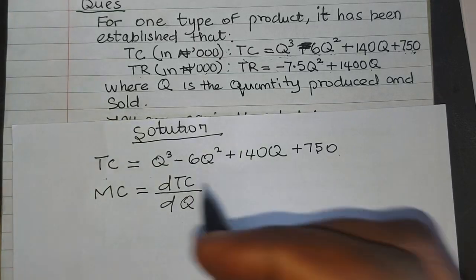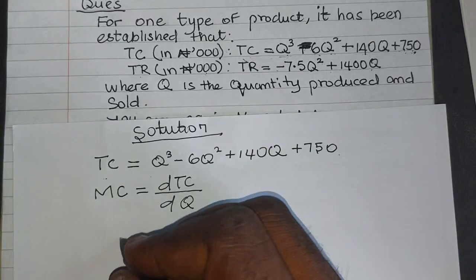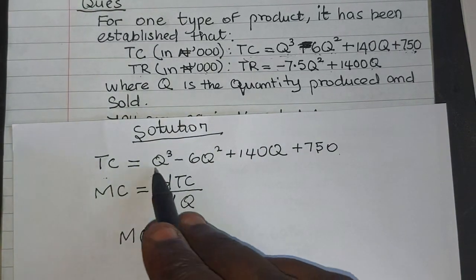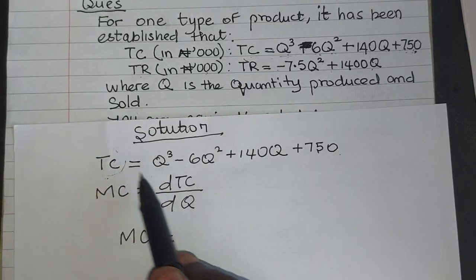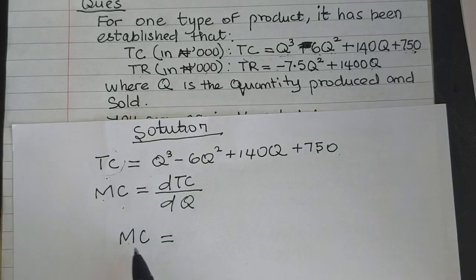So what do we have? Our marginal cost will be, let's differentiate this. If you are given the total cost function, you differentiate the total cost function to find the marginal cost.